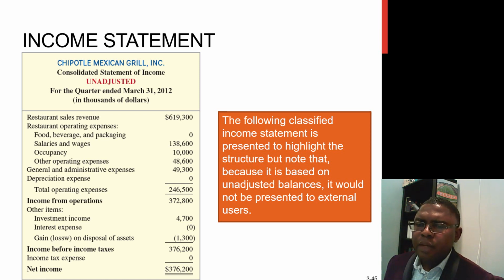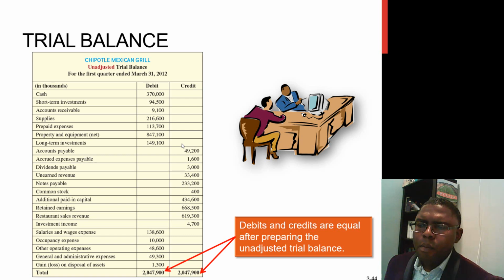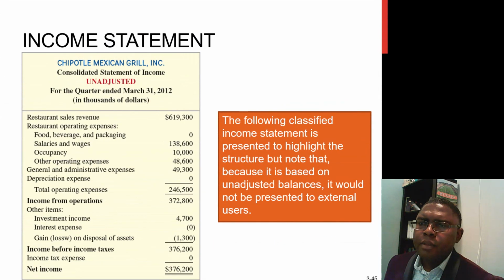For the income statement, we are going to begin with the sales revenue, and then we'll bring in all the different expense accounts from the trial balance in order to form our income statement.